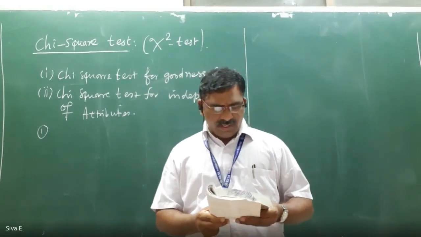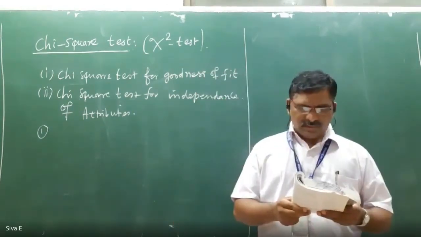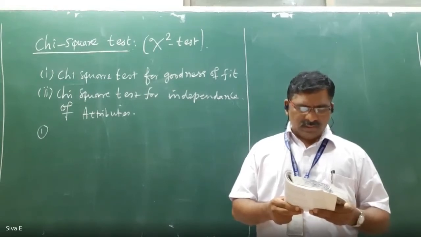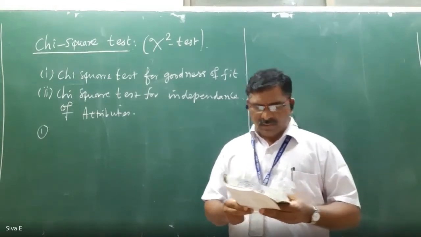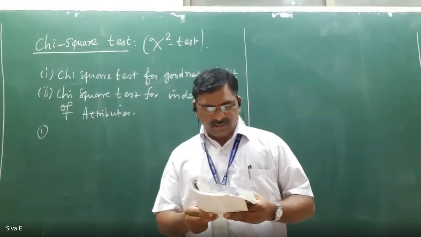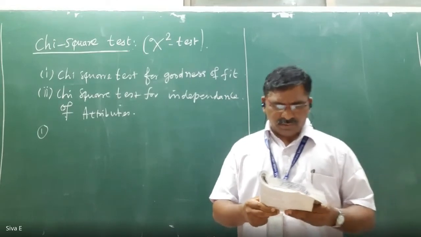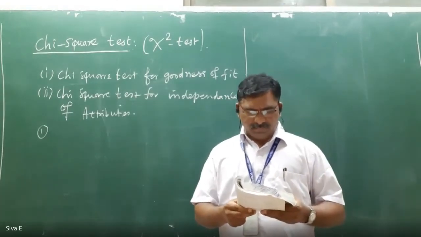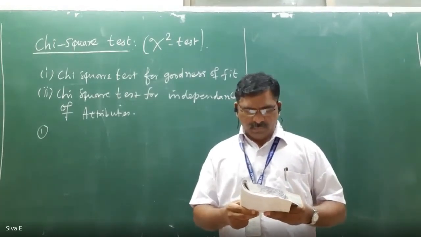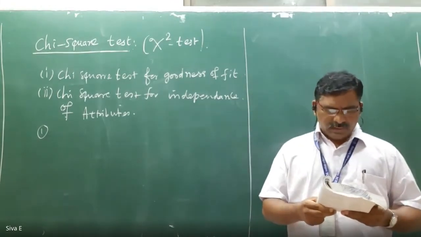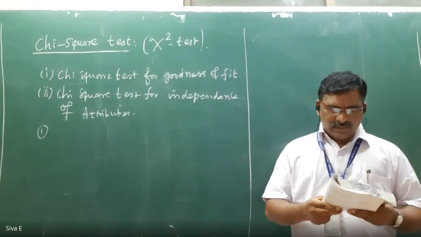Second one, the chi-square test is used to test the independence of attributes.